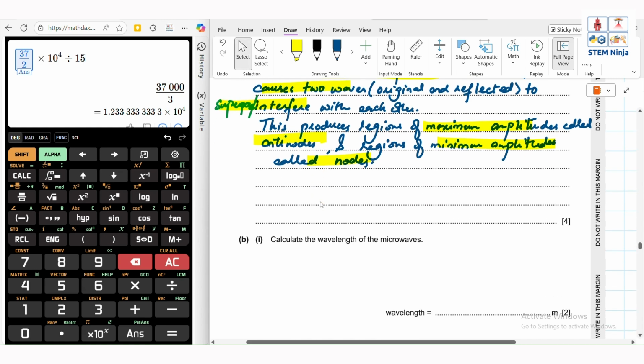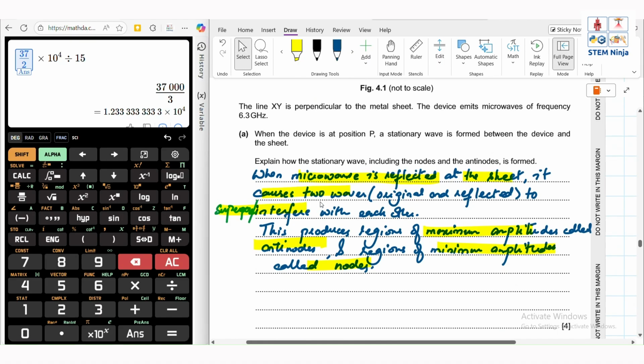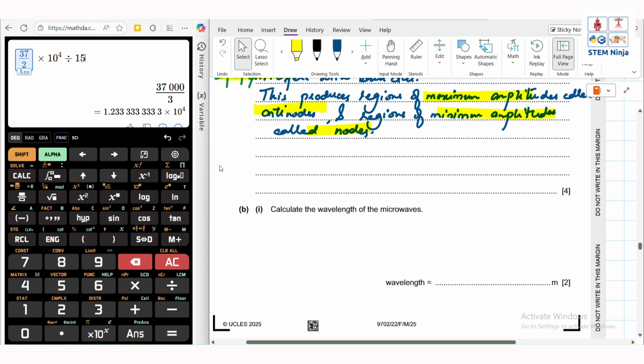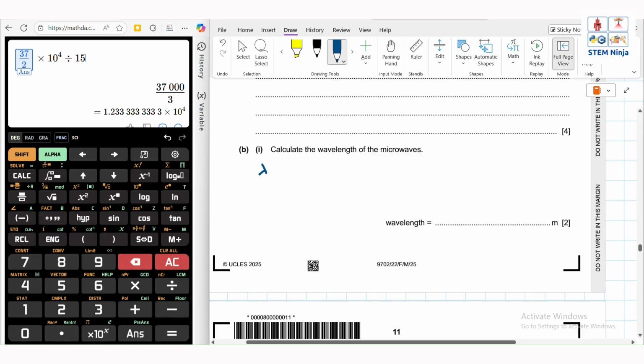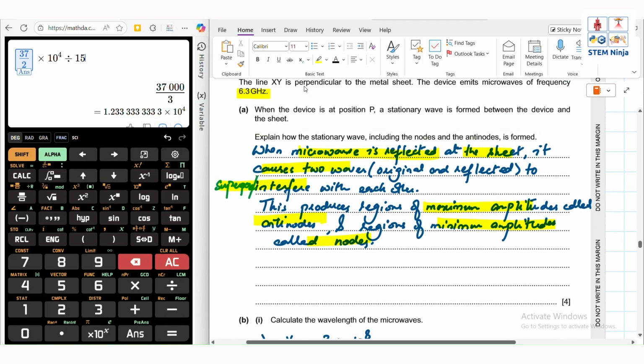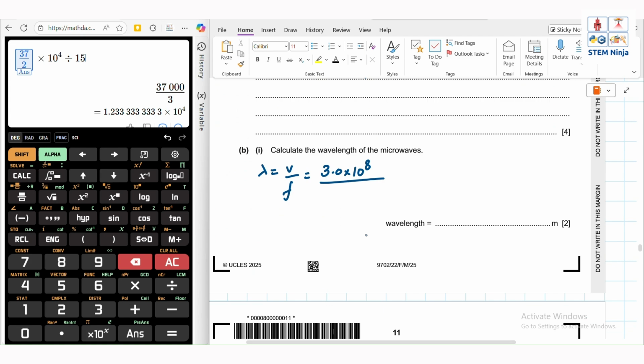Calculate the wavelength of the microwaves. Since microwave is traveling at the speed of light, they have given us the frequency. So wavelength would be speed over frequency. Speed is 3 times 10 raised to power 8. Frequency is 6.3 gigahertz.